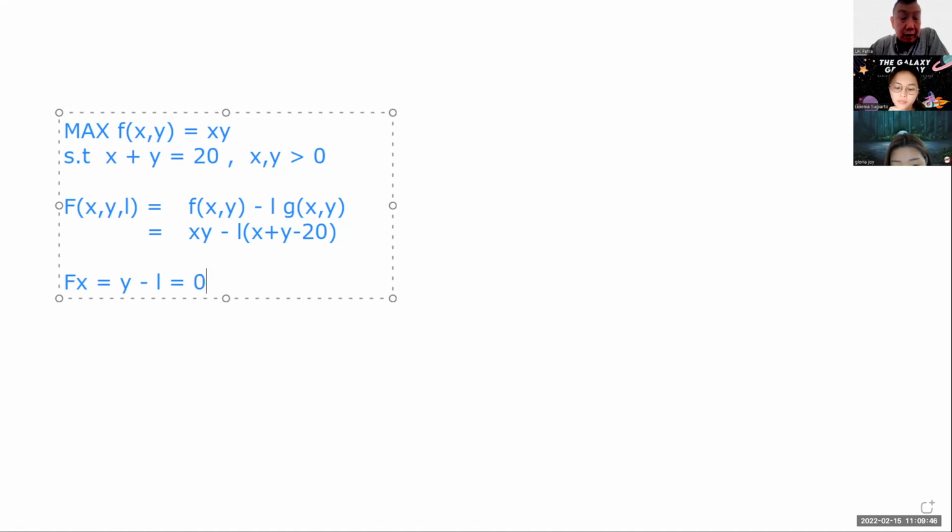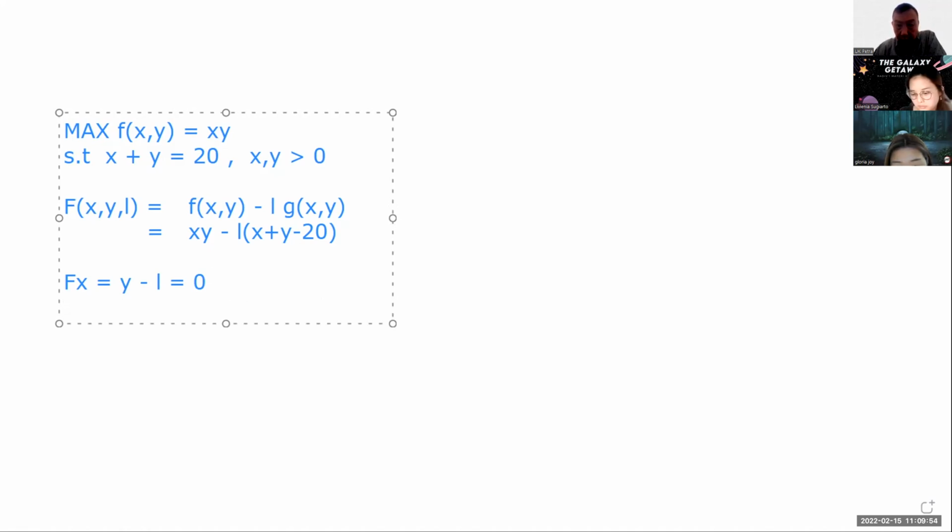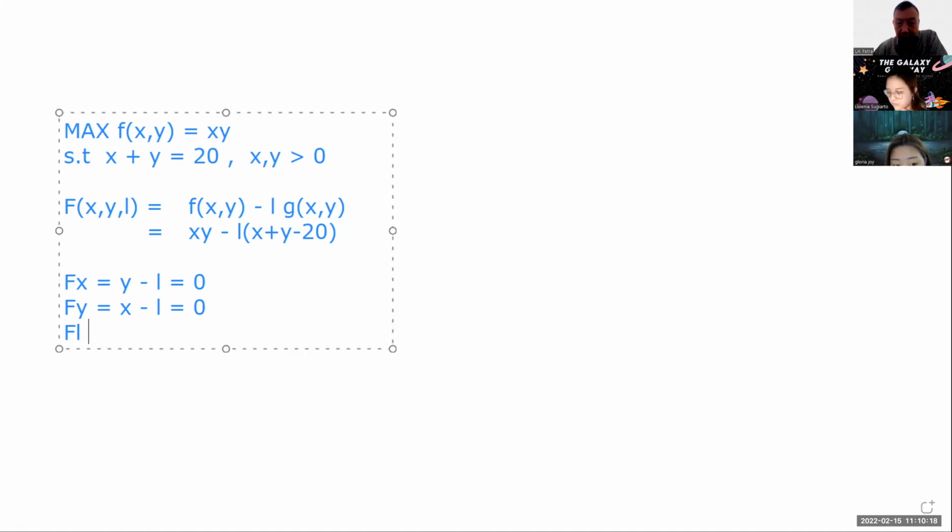And then how you will take the partial derivative. L multiplied by f of x minus, equals 0 also. And then, this is the easiest, you just use exactly the constraint.